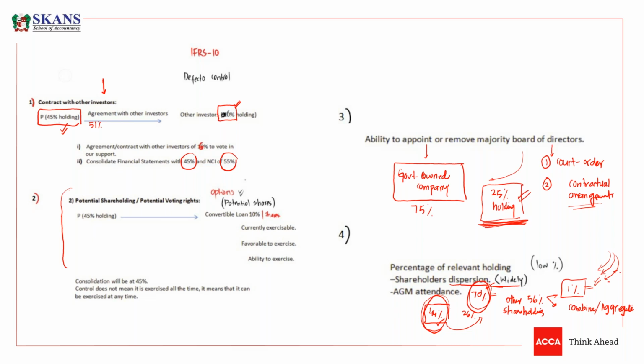Someone asked me to repeat point 3. Someone has asked me to repeat point 2. I didn't discuss point 2 yet, but point 3 is that you have the ability to appoint or remove the majority board of directors. We have a holding of just 30% in a company. The other investor has 70%, but they were doing something wrong in the company against us.